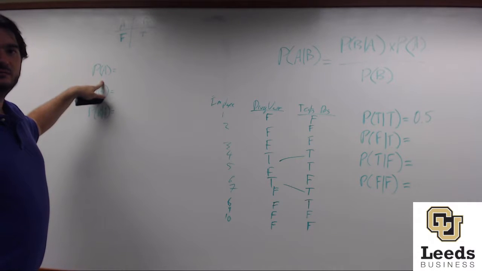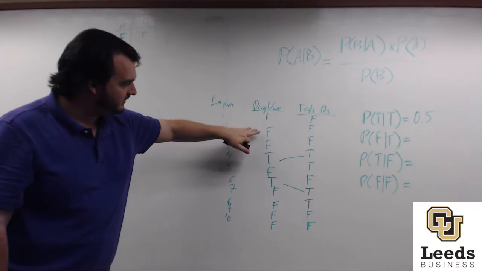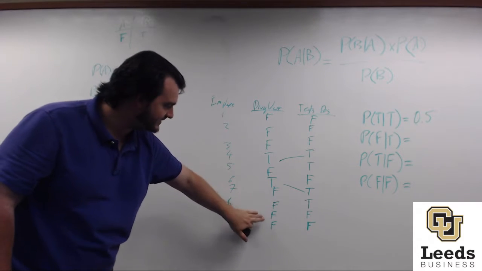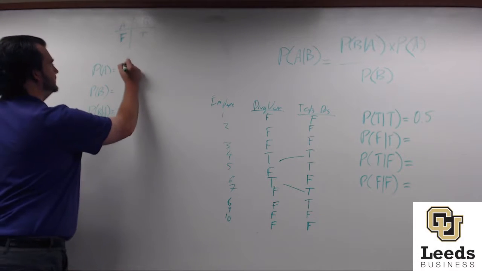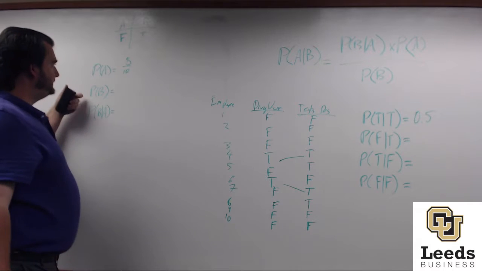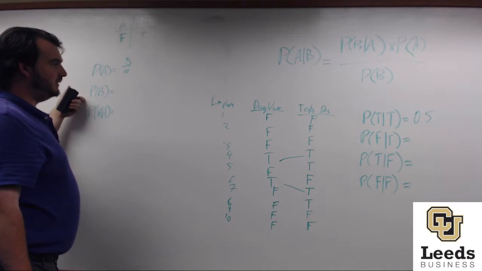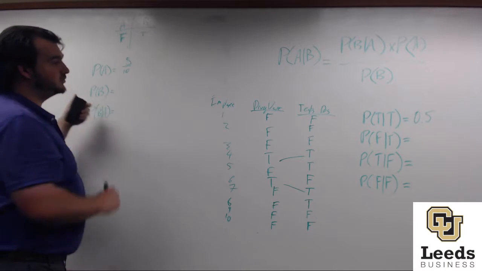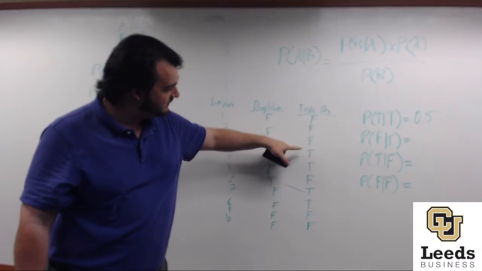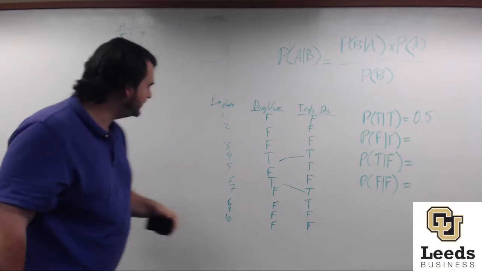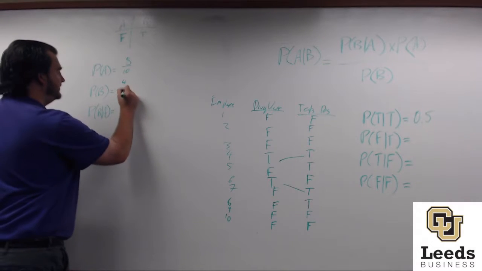This is how many times that their actual drug use is false. That's going to be 1, 2, 3, 4, 5, 6, 7, 8. What is our probability that they are going to test true? 1, 2, 3, 4 out of 10.